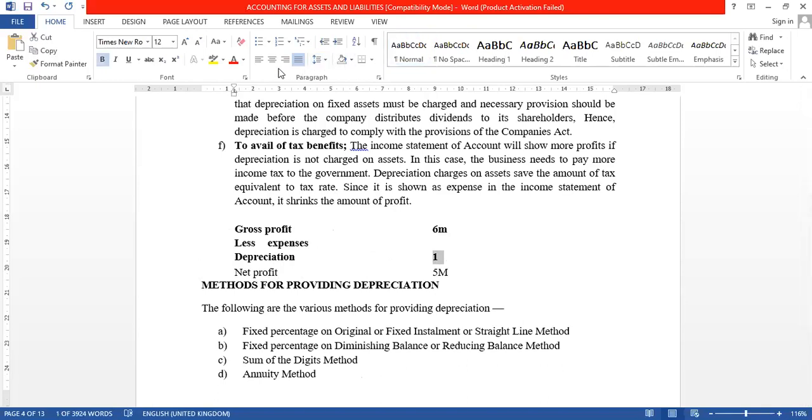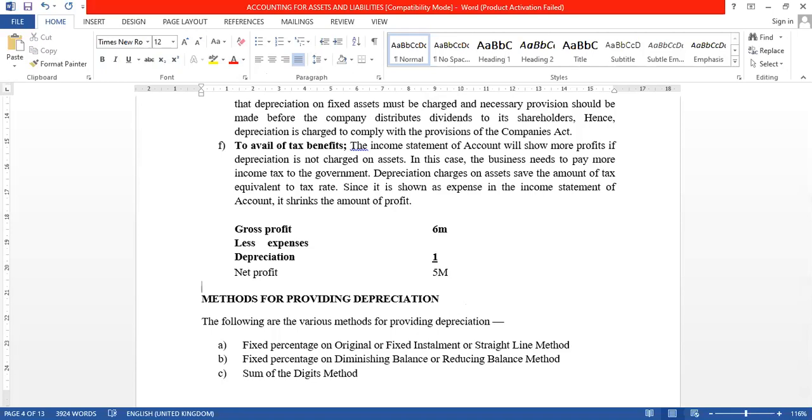Now, when people are paying tax, you'll be told that tax probably is charged at a certain percentage. Let's say 20% of the profit that you make. So 20% of the profit that you made becomes 1 million. True or false? True, right?